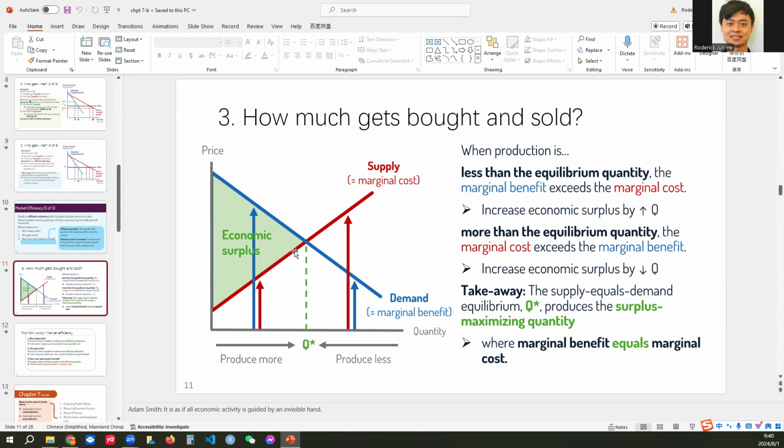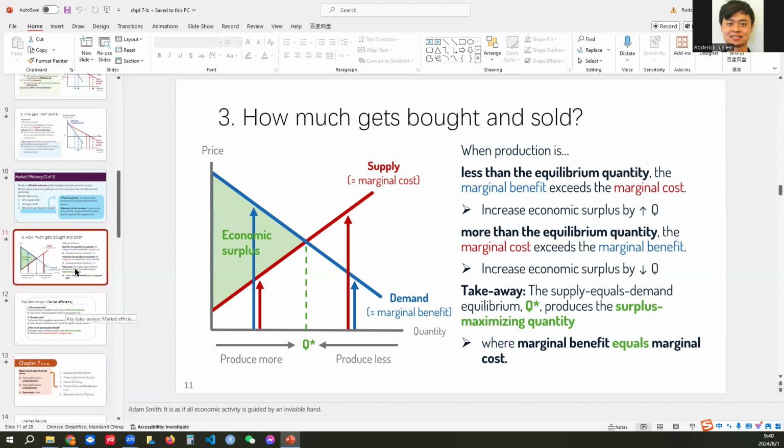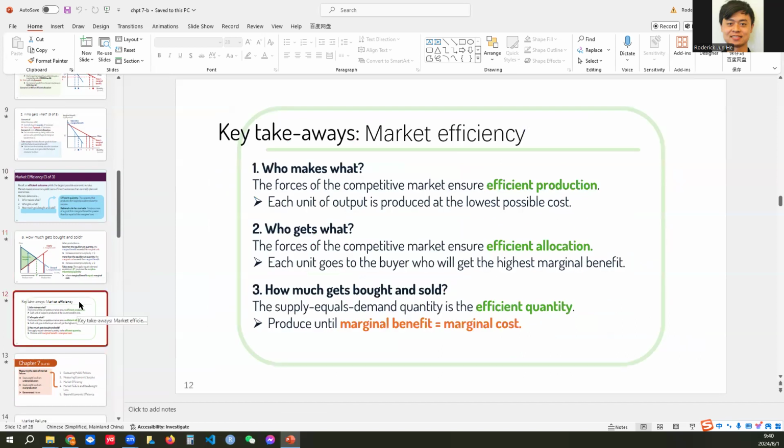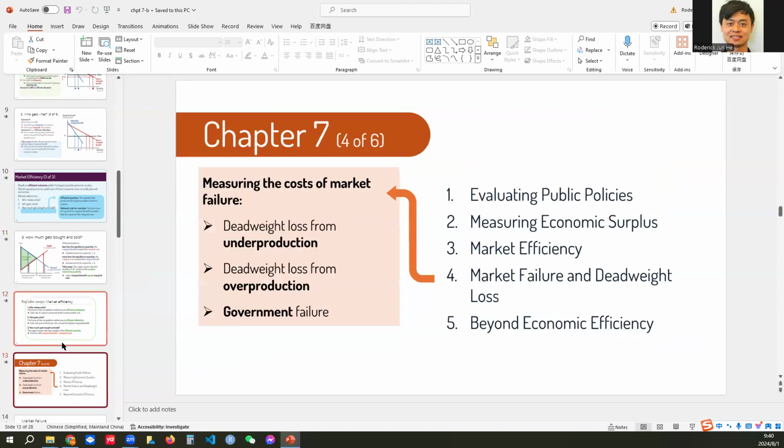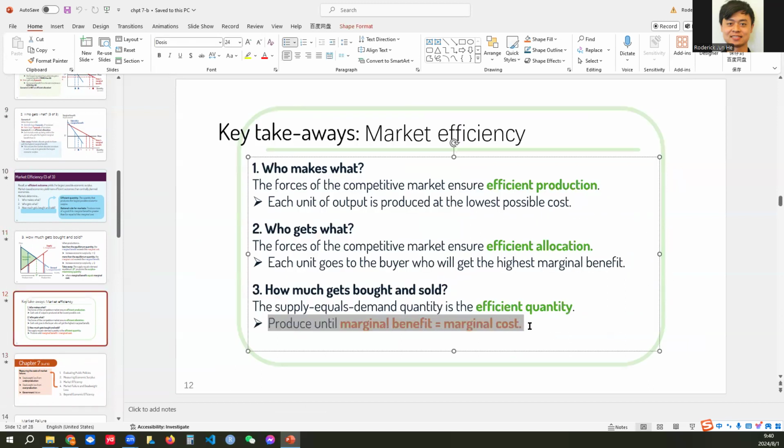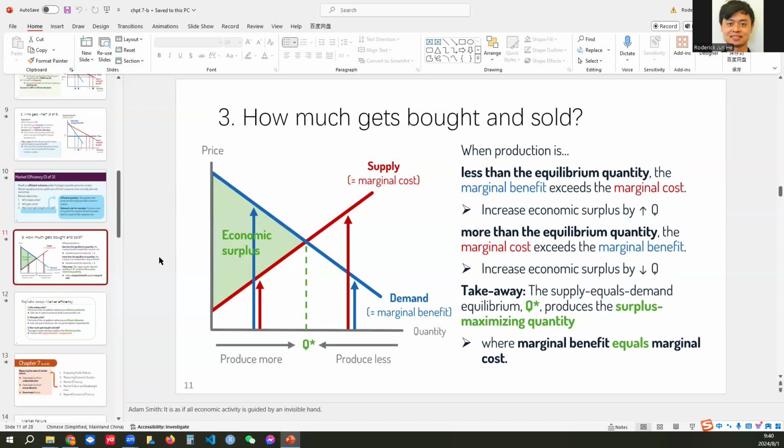And then the total economic surplus would be this entire triangle. If we draw a price line to separate this triangle into two, the upper triangle is consumer surplus, and the lower triangle is producer surplus. So we will produce until marginal benefit equals marginal cost.